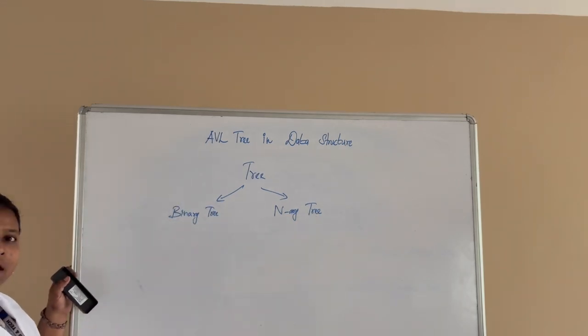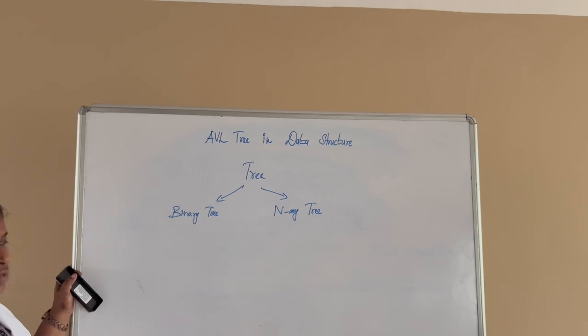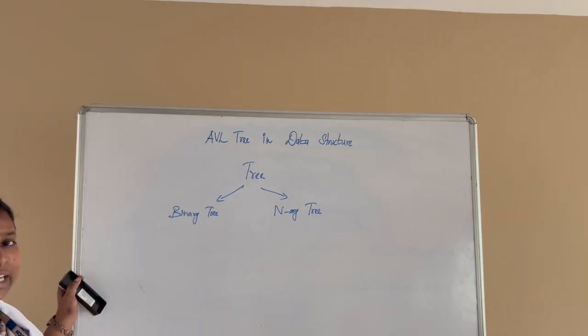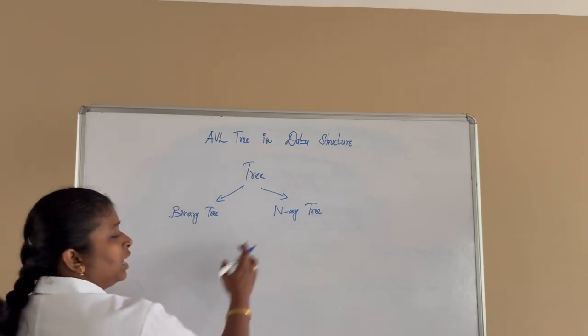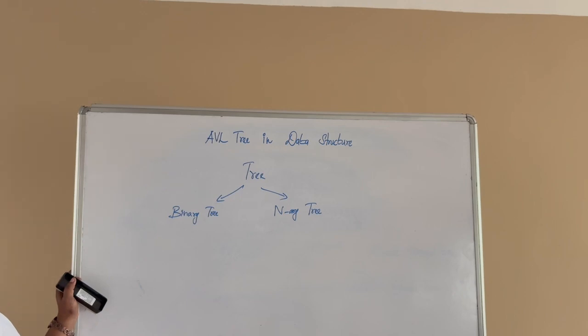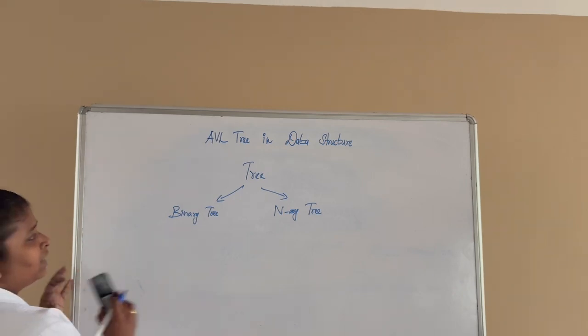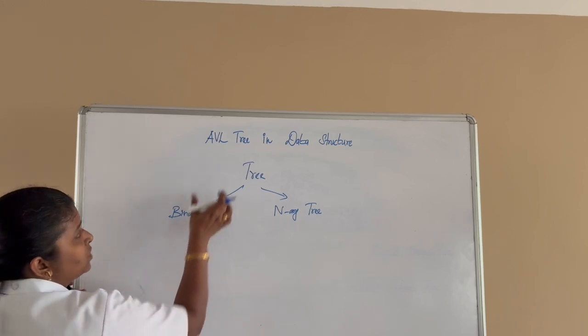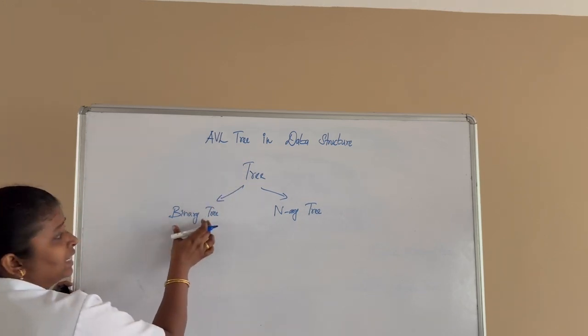In binary tree, a node will be having at most two child nodes. The root node, or an intermediate node, will be having at most two children. In an n-ary tree, a node can lead to connection of multiple nodes. We are going to concentrate only on binary tree, under which AVL tree comes.